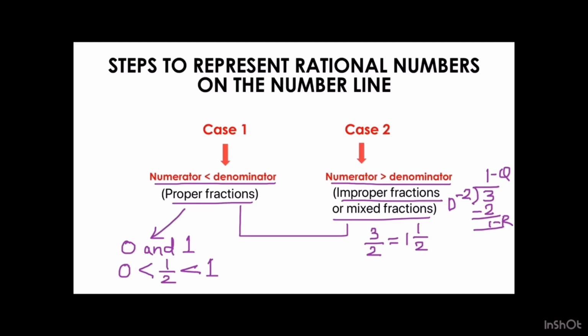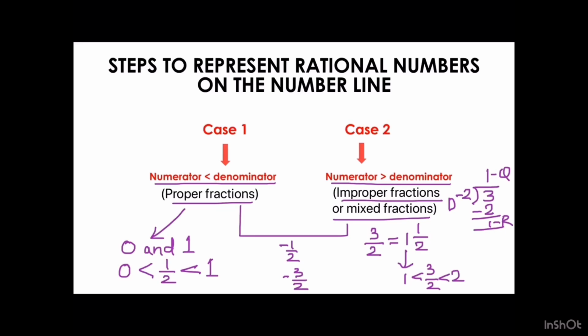Converting into mixed fraction helps us to locate the point on a number line. Now 3 by 2 lies between 1, which is the whole number part, and the next whole number, that is 2. So 3 by 2 lies between 1 and 2. What if the given number is a negative rational number? For example, minus 1 by 2 and minus 3 by 2.